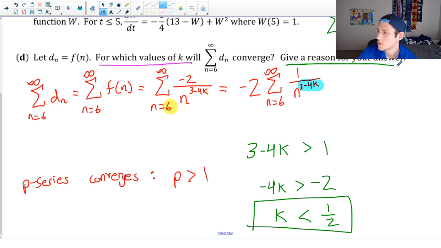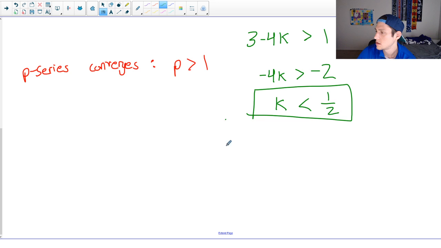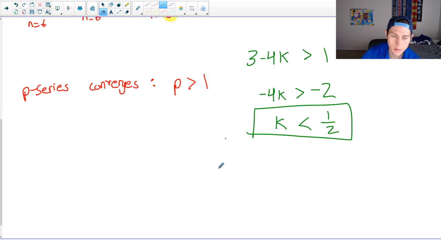It also says give a reason for your answer. So I sort of did that over here. So I could write that a little more formally, I suppose.